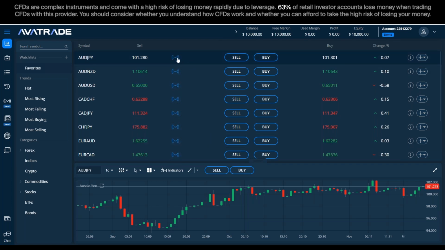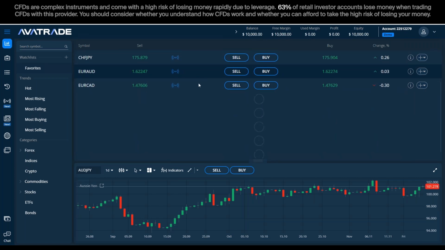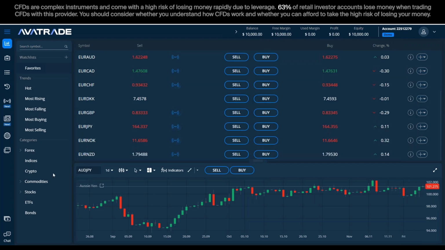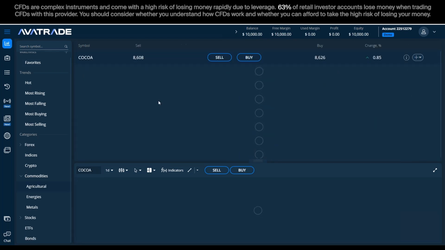The signal service is highlighted by this blue lightning icon here. Sometimes it appears next to the asset's name, next to the instrument. Let me scroll down just to show you that it's not always here. Not all instruments have a signal, but some do.